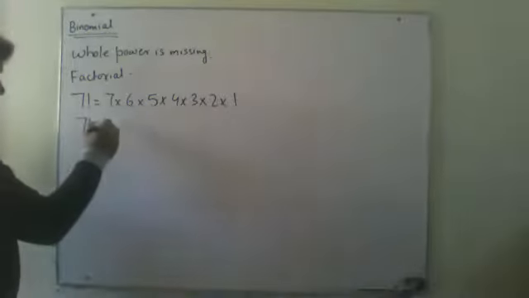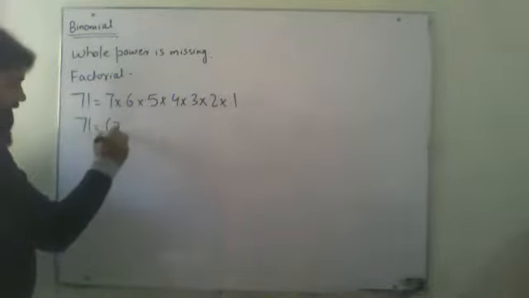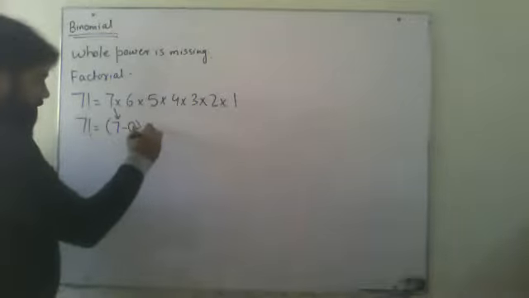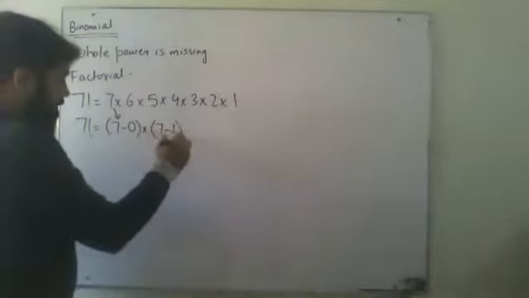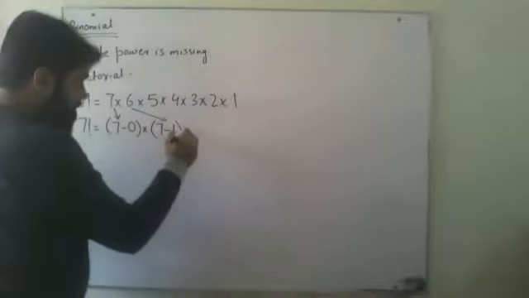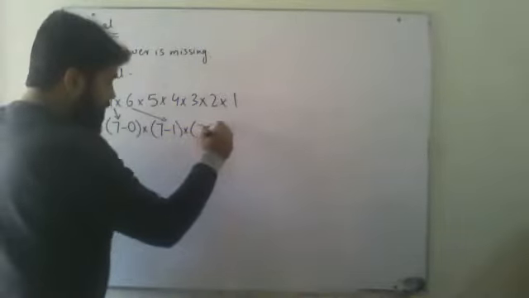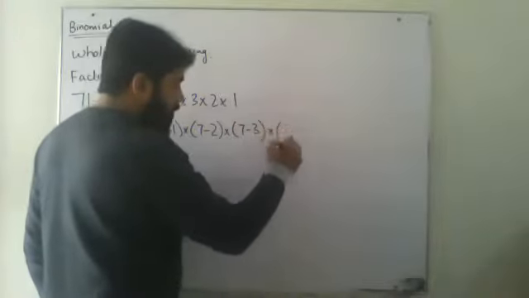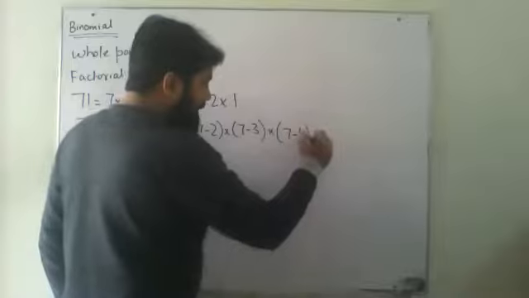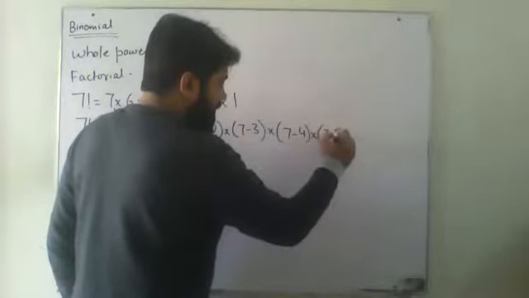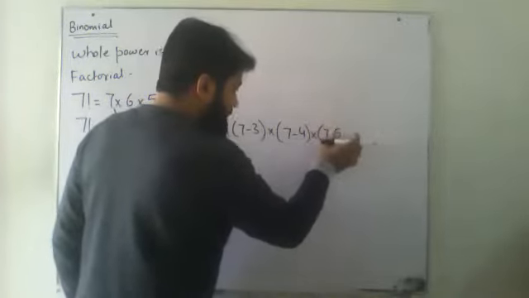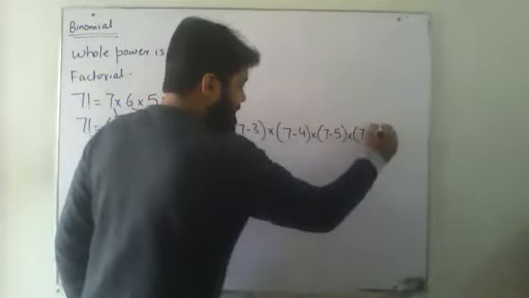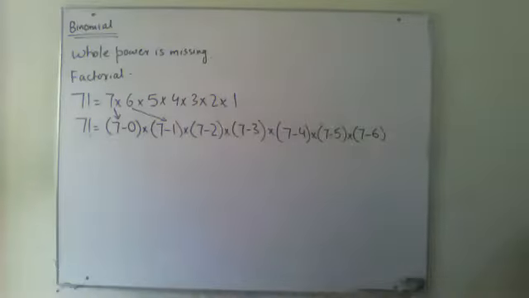So 7 minus 0, 7 minus 1, 7 minus 2, 7 minus 3, 7 minus 4, 7 minus 5, 7 minus 6, and that's it.